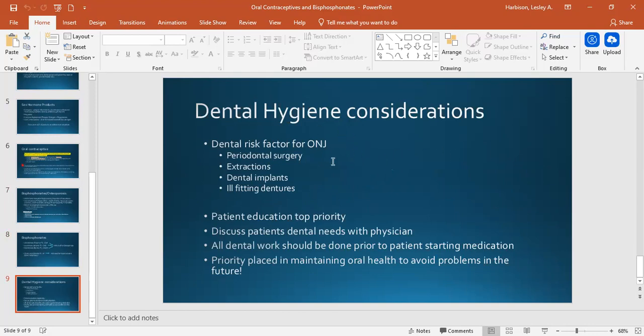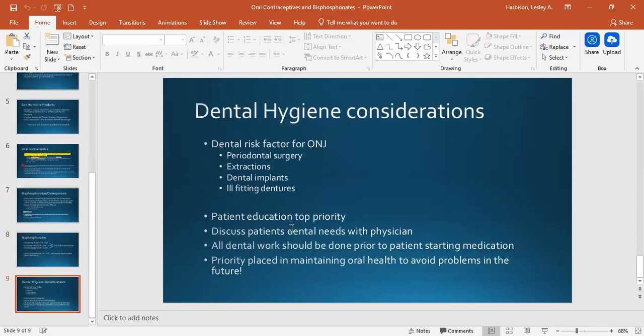Dental risk factors for osteonecrosis of the jaw: periodontal surgery, extractions, dental implants, ill-fitting dentures. All of these dental procedures, if a patient has been on an IV bisphosphonate, put them at a much higher risk for ONJ. So patient education is top priority.